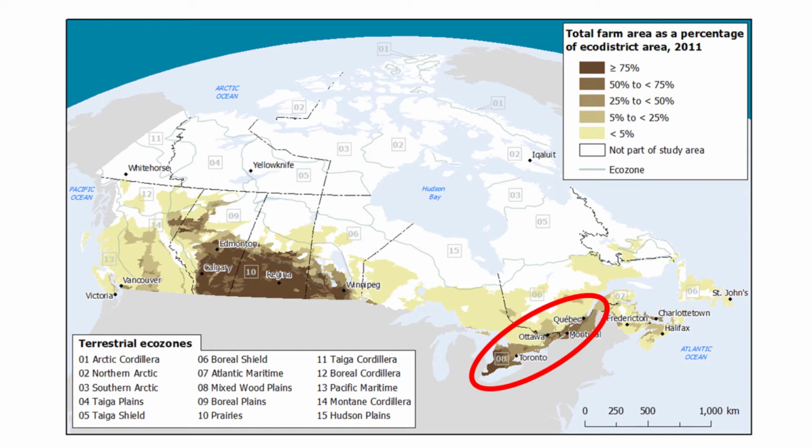This is an area where we get enough moisture and enough heat, growing degree days, to be able to grow crops like corn and soybeans. So this area is what we would also call part of the Northern Corn Belt, and the rest of the Corn Belt extends into the United States. But this is the Canadian part of what we would call the Corn Belt.